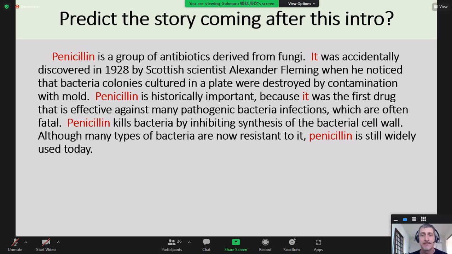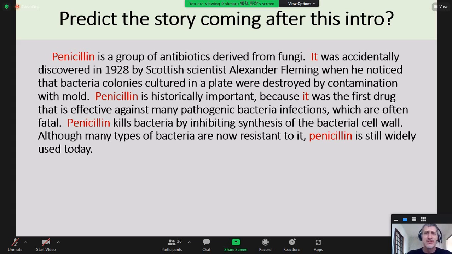Penicillin is historically important because it was the first drug that is effective against many pathogenic bacterial infections, which are often fatal. Penicillin kills bacteria by inhibiting synthesis of the bacterial cell wall. Although many types of bacteria are now resistant to it, penicillin is still widely used today.